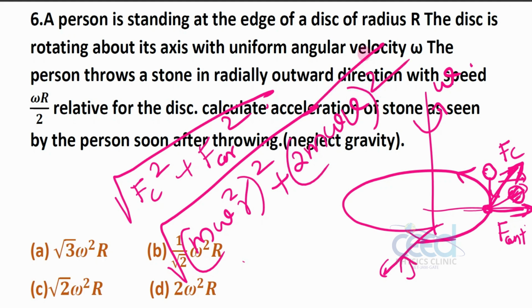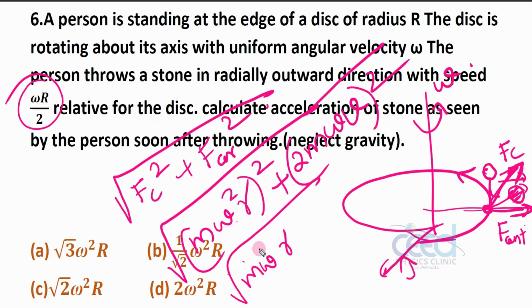2m omega cross v. Now here we can take some terms out, right? See here, m omega square is there, but they gave omega r by 2 as the speed. Then root of m omega square r.